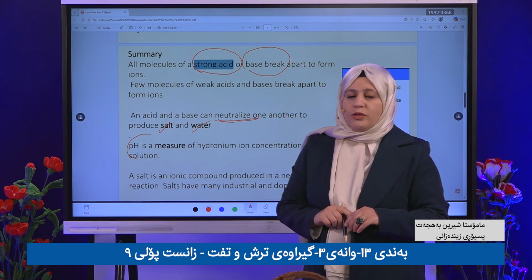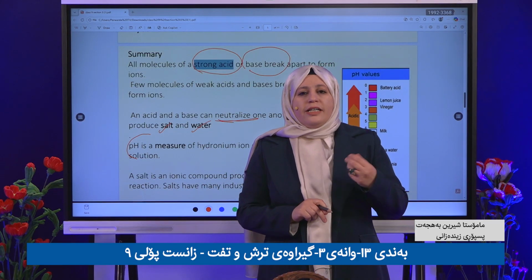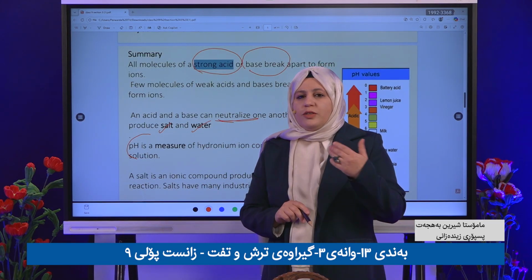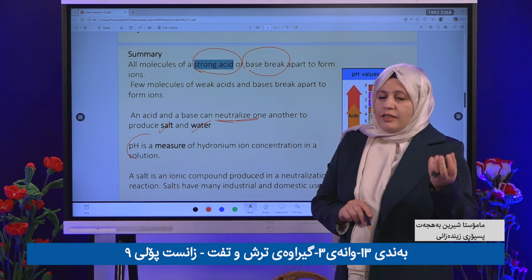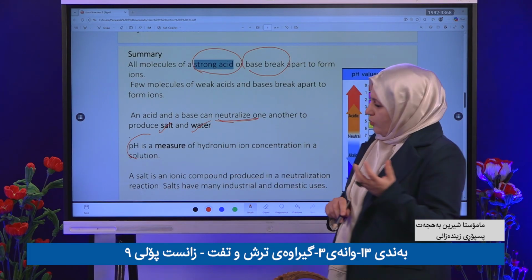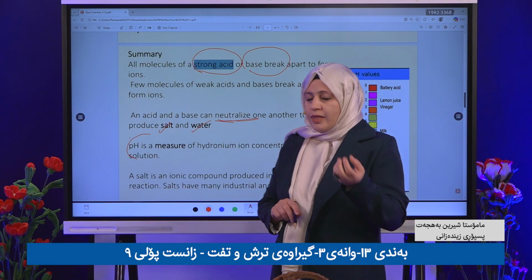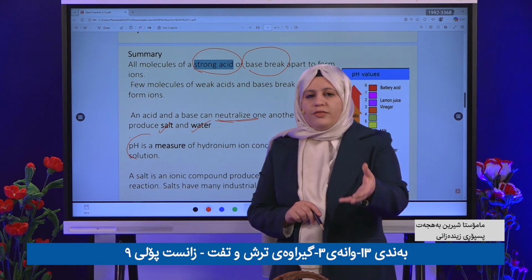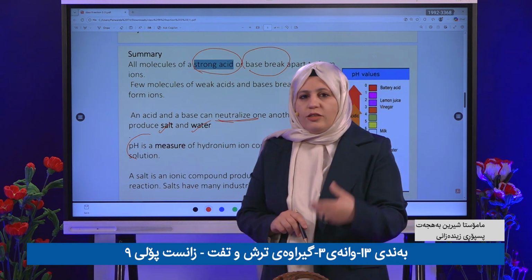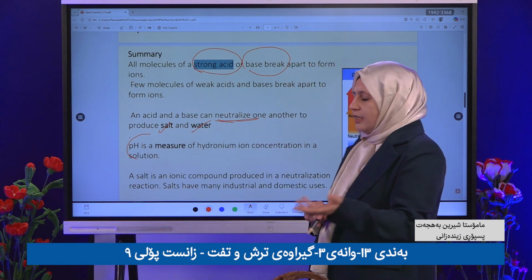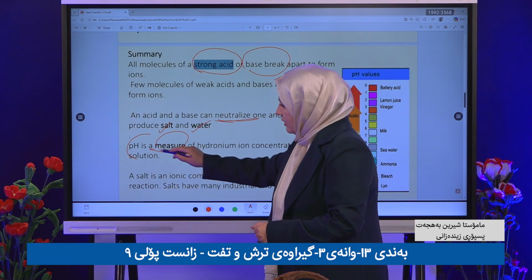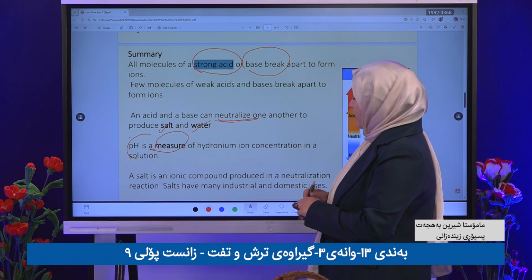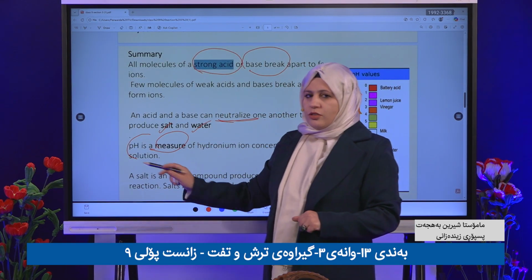What is pH? We talked about pH and we talked about indicators, and the difference between pH and indicator. Clear? What was the difference between them? An indicator identifies whether the solution is acid or base. But pH tells us the measure, got it? The measure of hydronium ion concentration in a solution.